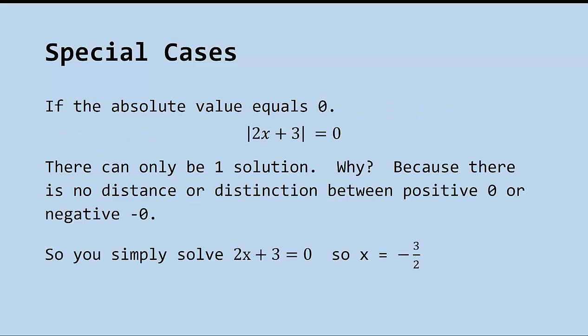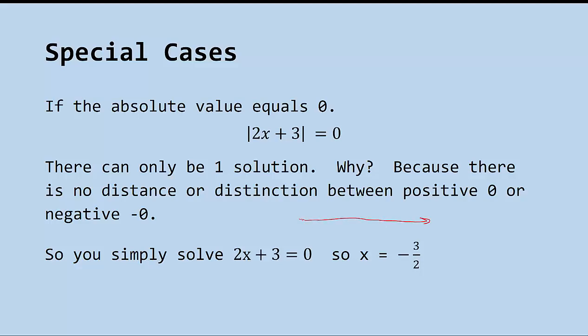Now let's take a look at our last special case. If the absolute value equals 0, so the absolute value of 2x plus 3 equals 0, in this case there can only be one solution. But why is that? Because there is no distinction between positive 0 or negative 0.